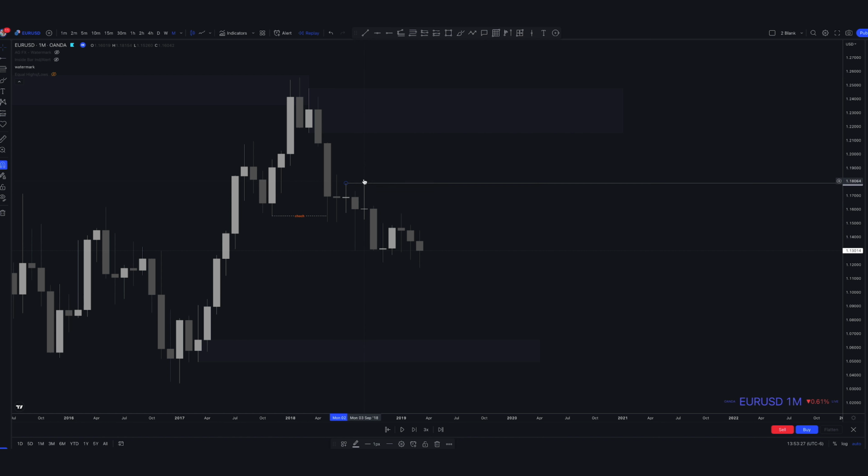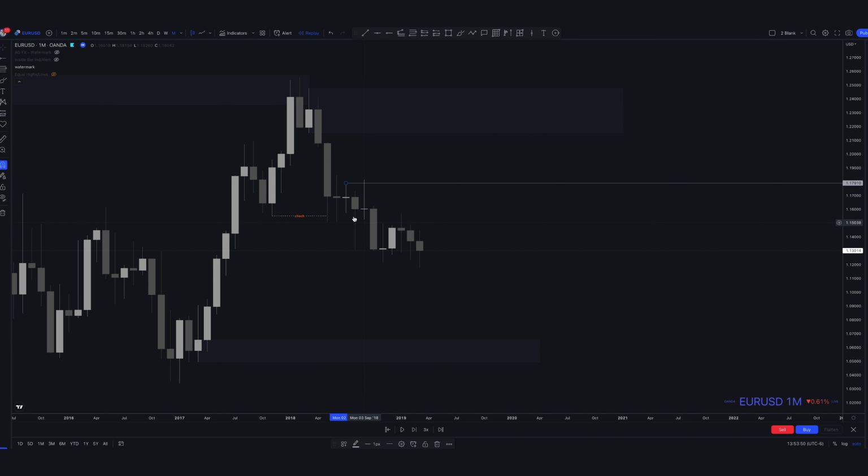So this would be a fractal break to the upside, because this was a pullback, then it broke below, and then it broke the most recent high on this bearish move. So right now we would have this as our low and this as our high.